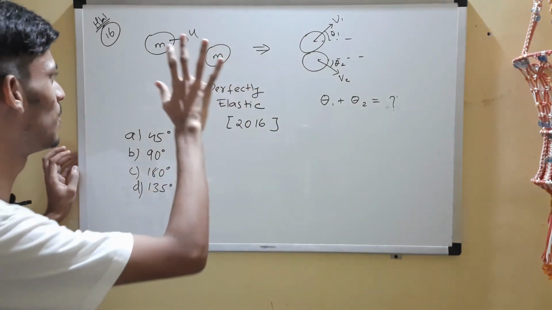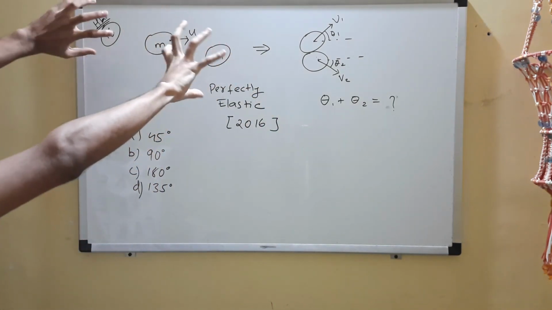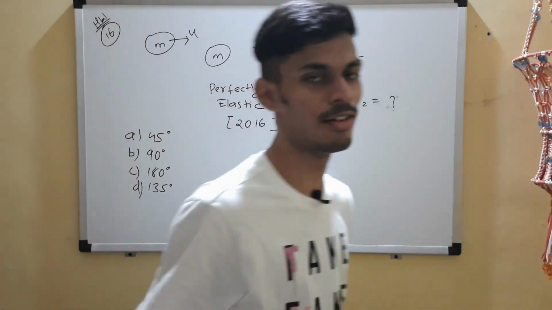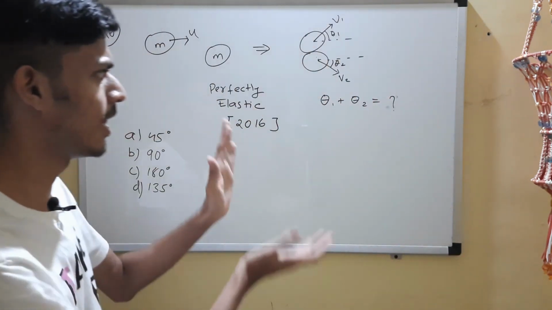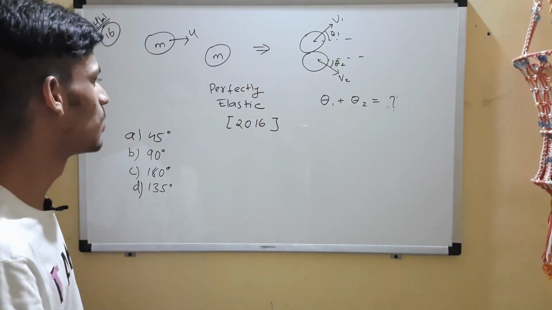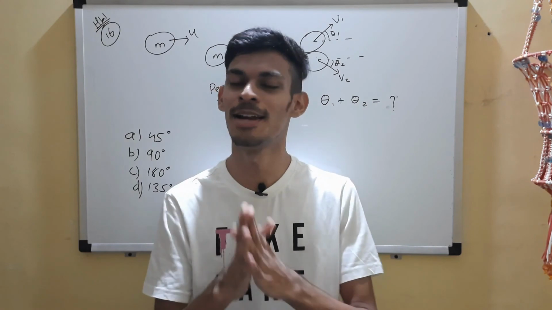Okay, I'll just repeat the statement. When two equal masses undergo perfectly elastic collision, their final velocity vectors make an angle of dash with respect to each other. Okay, so with that being said, let's wrap up for today's class.